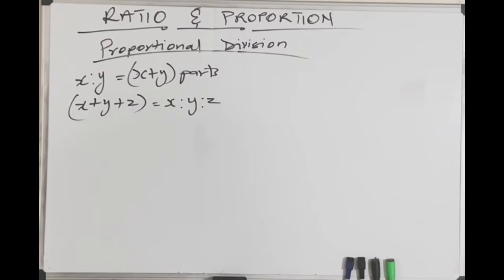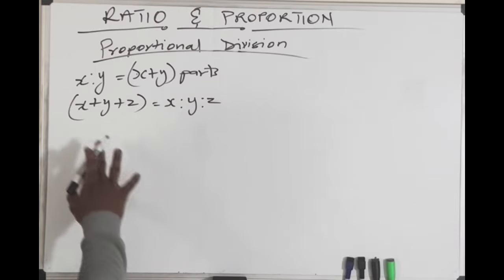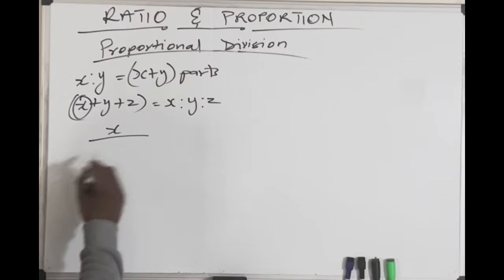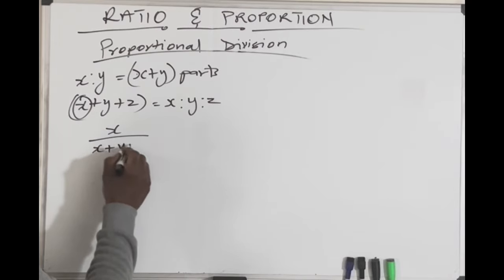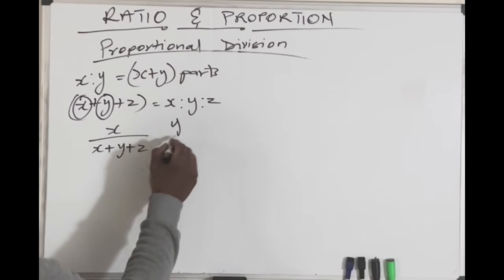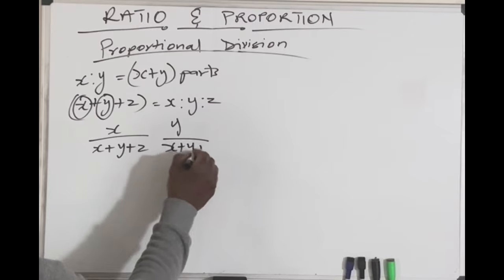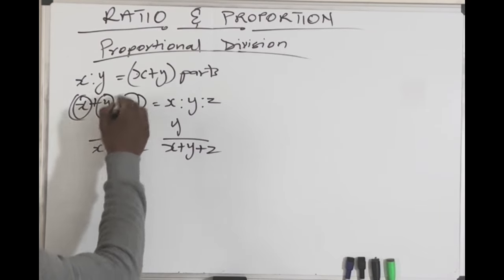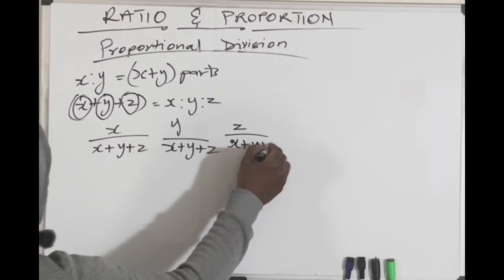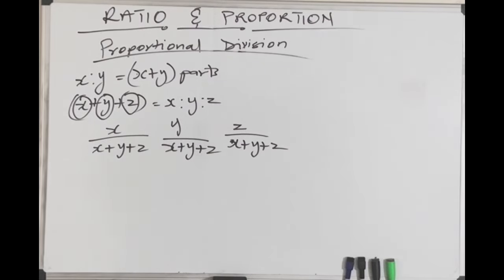Similarly, the share corresponding to y is given by the fraction y over x plus y plus z. When we are dealing with only z, we say z over x plus y plus z.